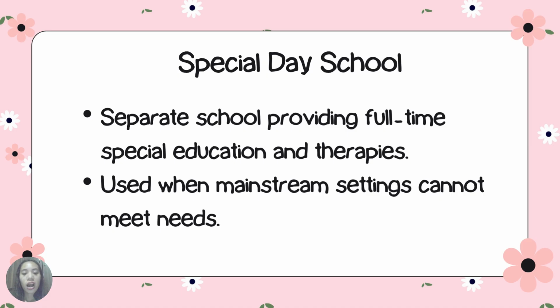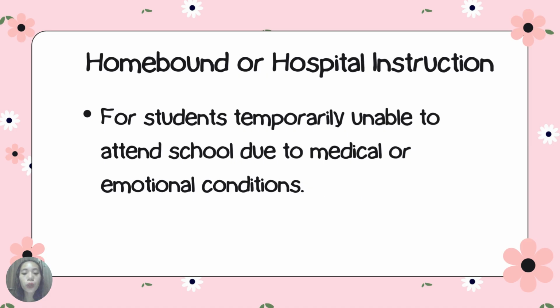program. The next one is the homebound or hospital instructions. This is for students temporarily unable to attend school due to medical or emotional conditions. For example, a student recovering from surgery receives visits from a teacher who helps them keep up with school at home. Like home tutors, something like that.